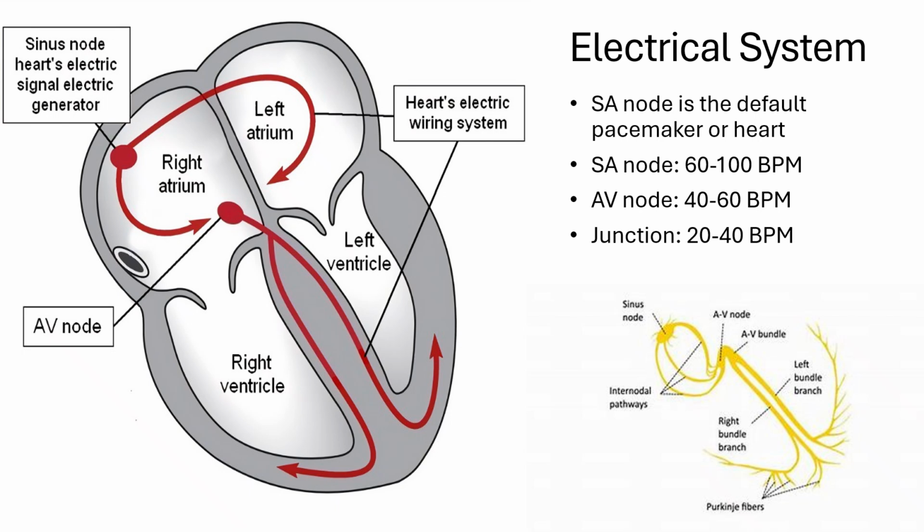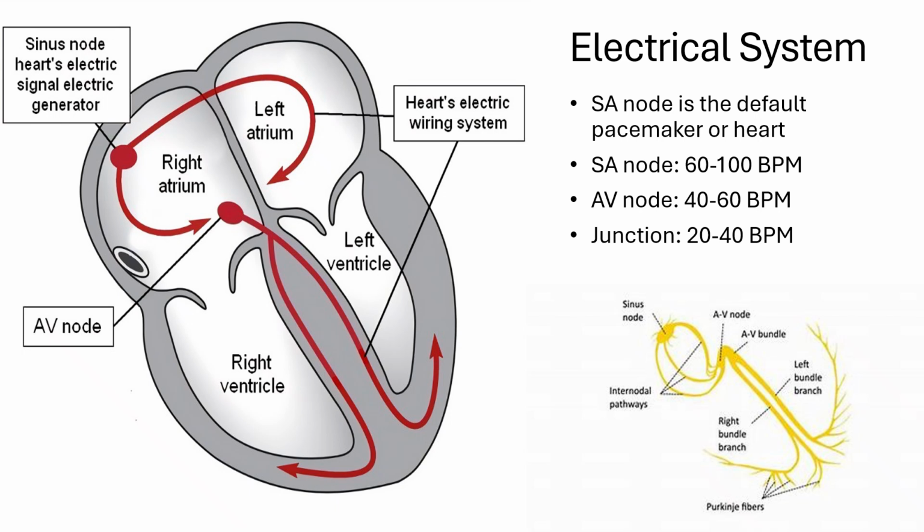Well, we're going to have various groups of pacemaker sites in the heart. Our SA node is going to be our default or our inherent pacemaker site. So this is where all of our electrical impulses begin under normal circumstances.